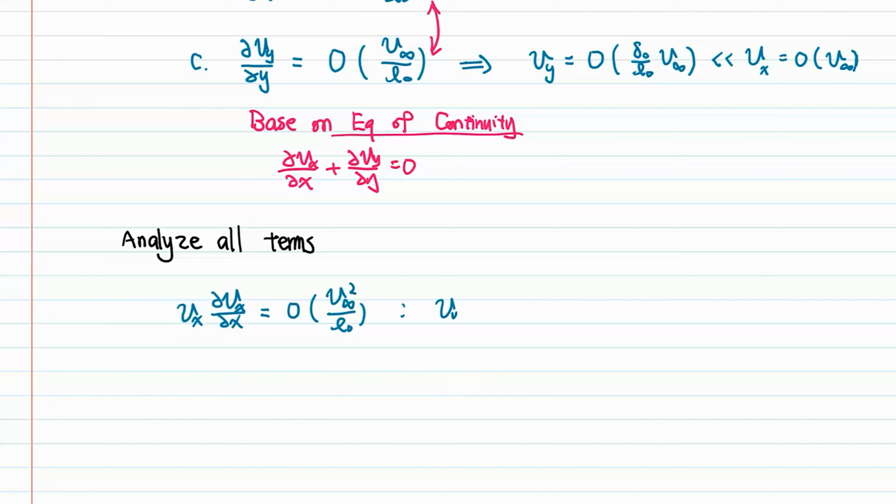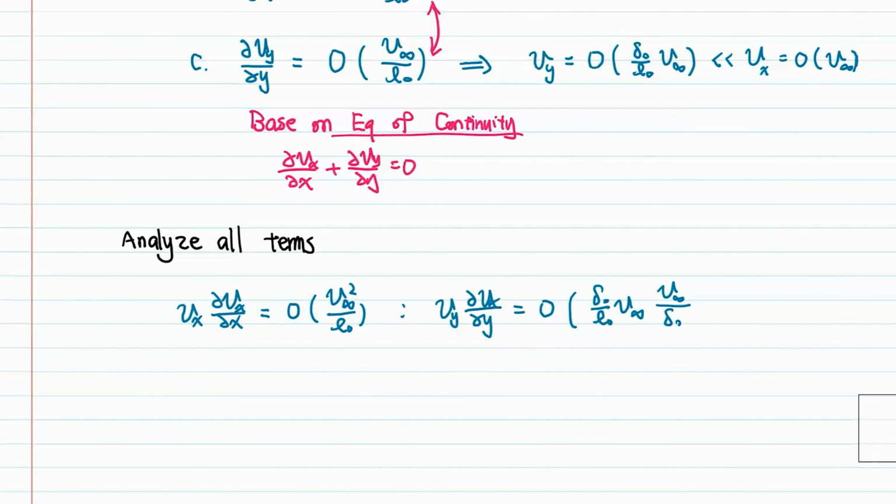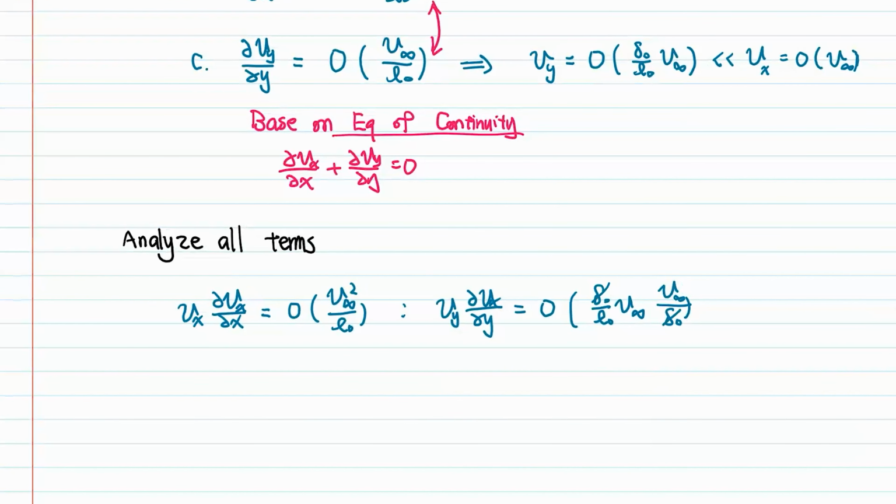Similarly, we have Vy partial Vx partial y. It would be on the order of what? Vy is delta naught over L naught times V infinite, times V infinite over delta naught. So the delta vanishes, and it's still on the order of V infinite squared over L naught. So they're actually the same, right?